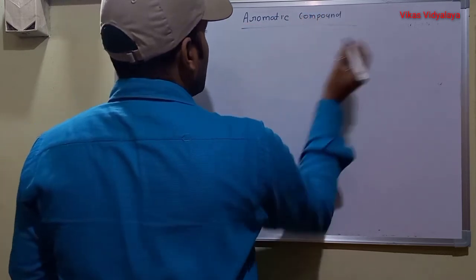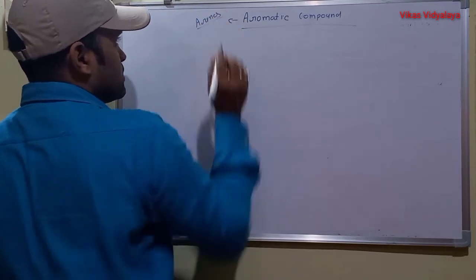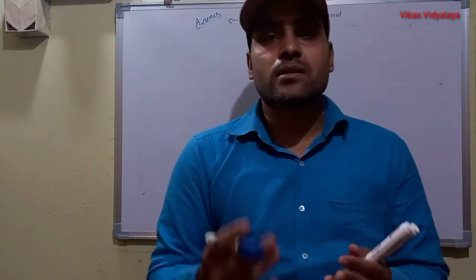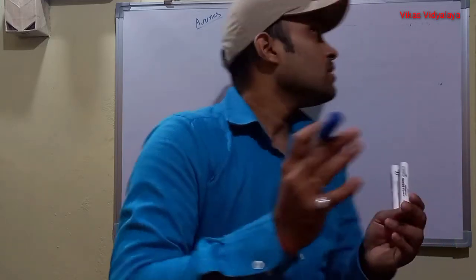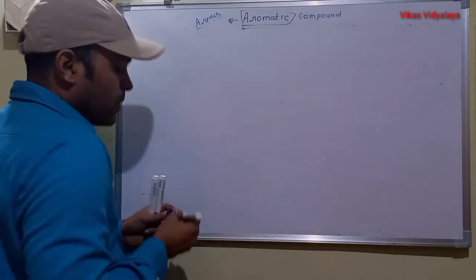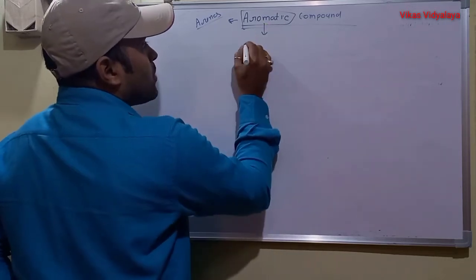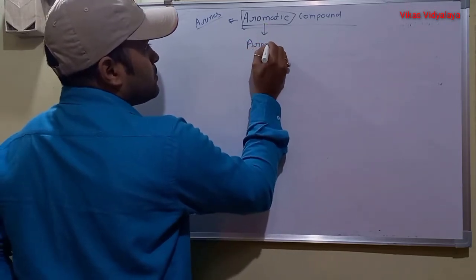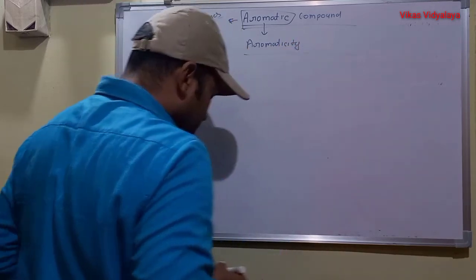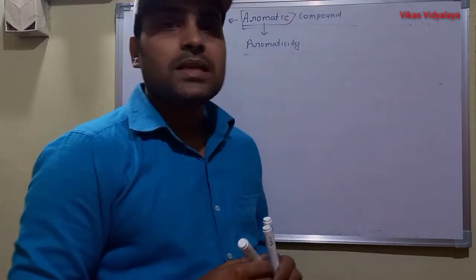Aromatic compounds are also known as arenes. A compound which contains aroma, aroma means fragrance, some smell present in the compound, is known as an aromatic compound. Aromatic compounds have a property called aromaticity. Only aromatic compounds have the property of aromaticity.